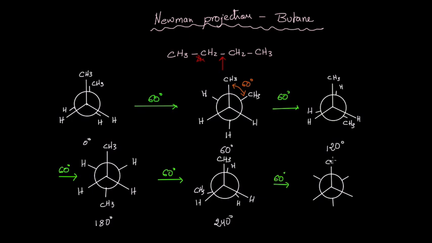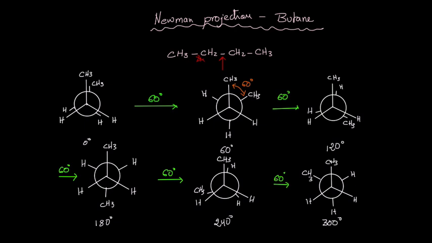So I'll have always CH3 here, H, and then the CH3 now is here, H and H. And this is the 300 degrees.